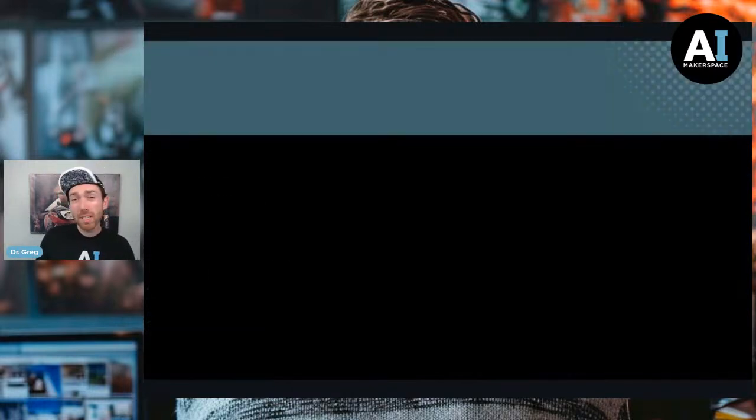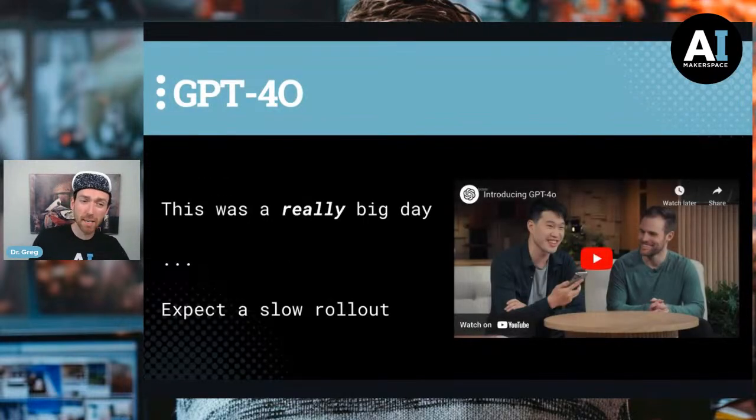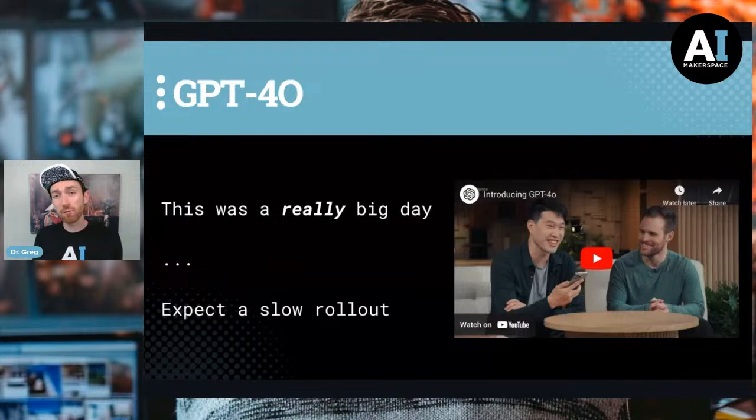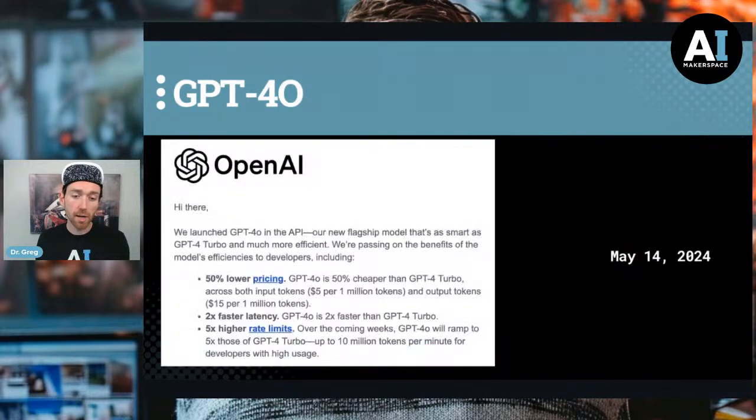We definitely agree, this was a really big day. We started off the week expecting a real slow rollout. We started playing with it as early as we could. We'll show you how far we got today, and we look forward to seeing the tools continue to come together, not just directly from OpenAI, but from the larger open source ecosystem to support the latest and greatest models.